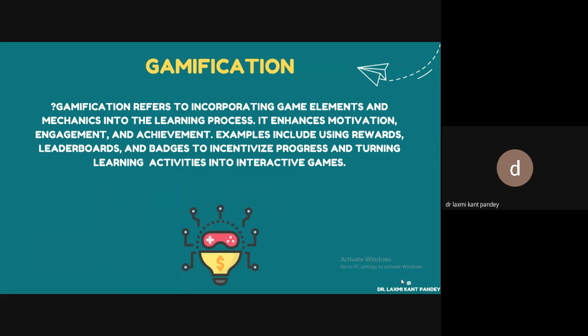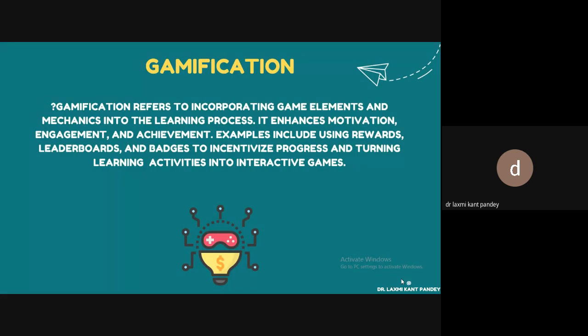As I told you, the basic problem with the older teaching method is that you need to create interest among the students for the topic. If there are certain topics which are not interesting or enjoyable, you can use gaming methodology, and because of that, you can create interest among the students.